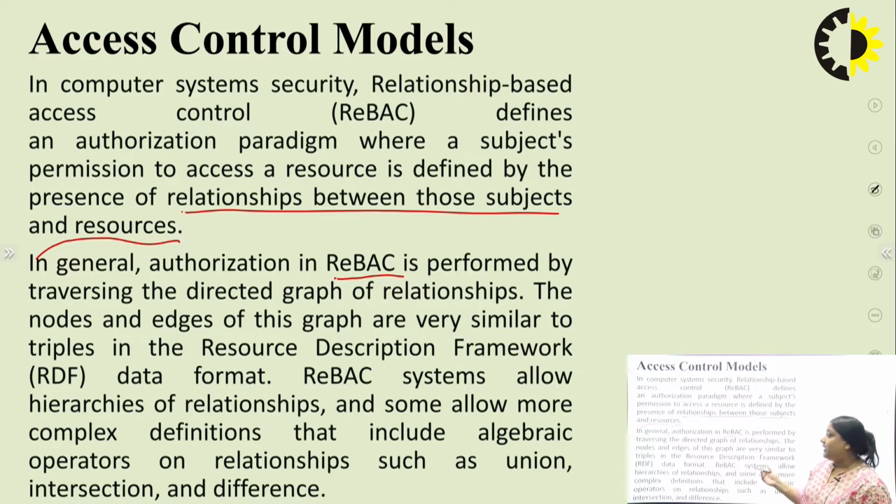The nodes and edges of this graph are very similar to triples in the resource description framework, that is the RDF data format. These systems allow hierarchies of relationships, and some allow more complex definitions that include algebraic operators on relationships such as union, intersection and difference.